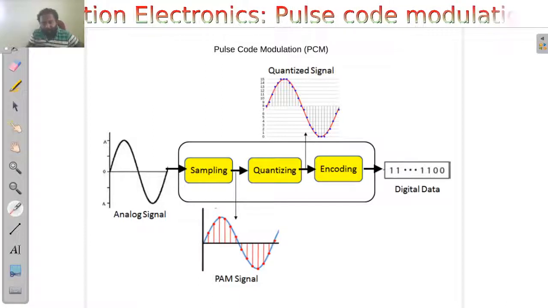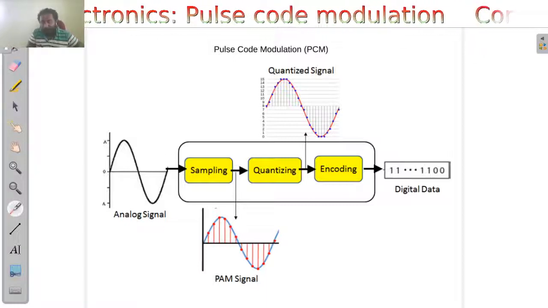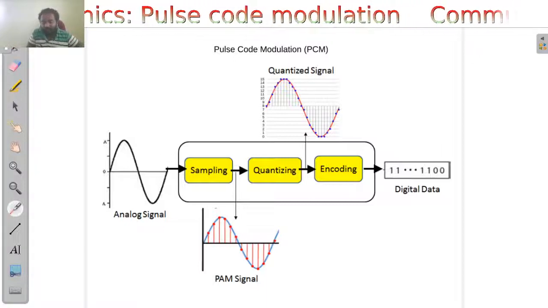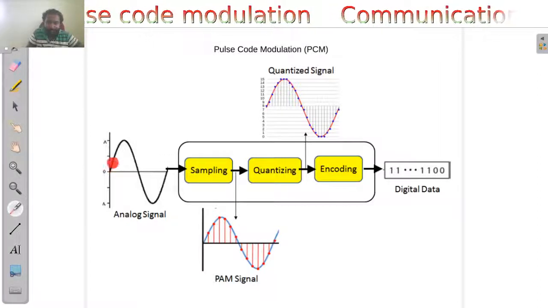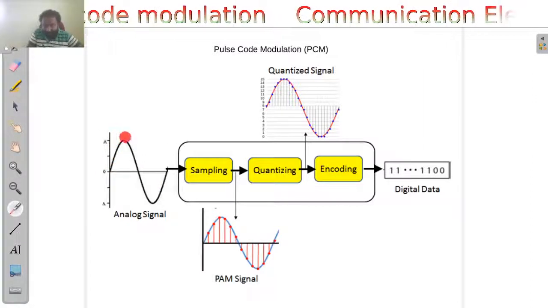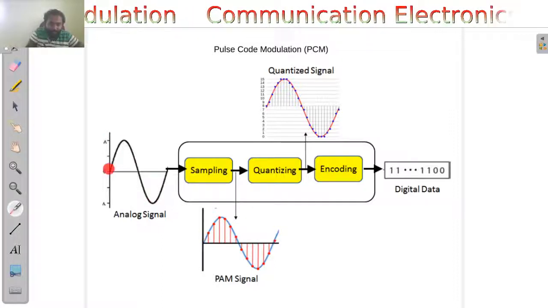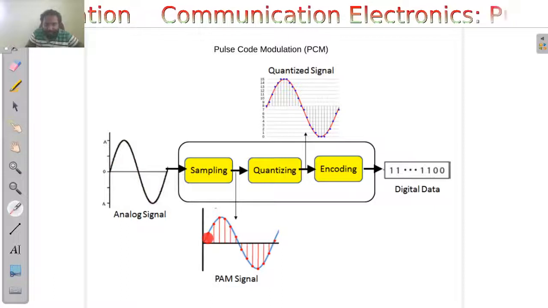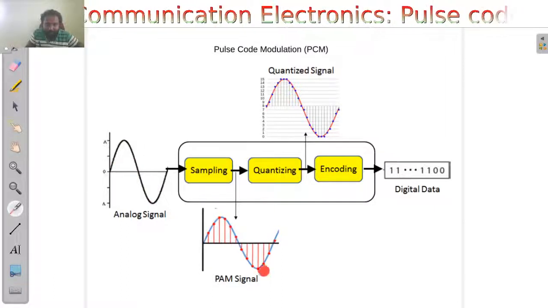So we have learned about sampling in the case of pulse amplitude modulation and all, where you need to consider your Nyquist sampling criteria. So we will be sampling the analog signal accordingly at regular intervals of time. So sampling is the process of taking samples from the analog signal at regular intervals of time. See here you have red colored dots representing your sample values.